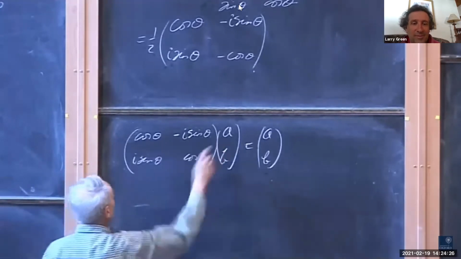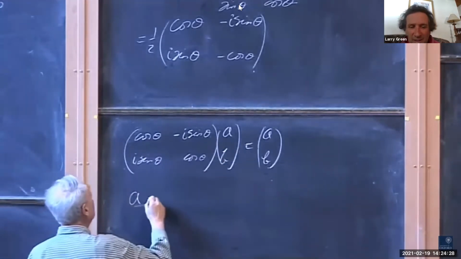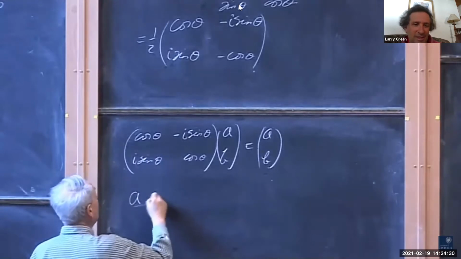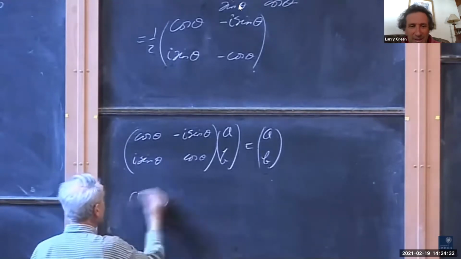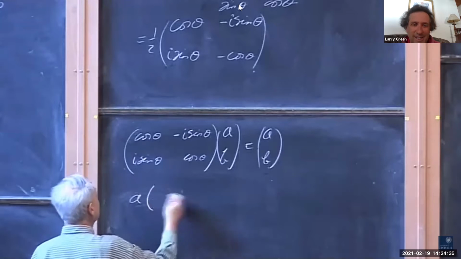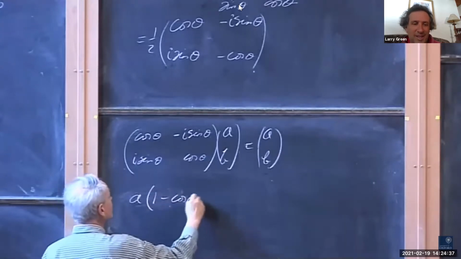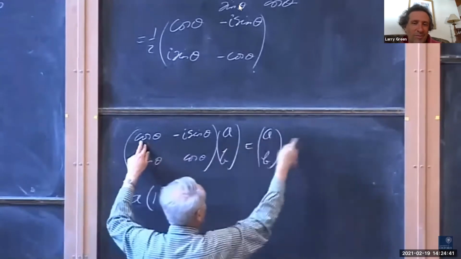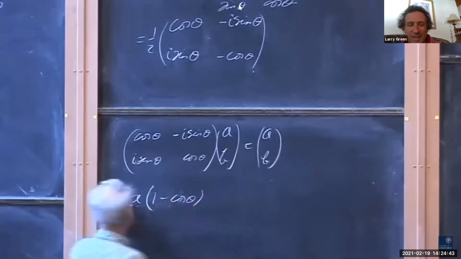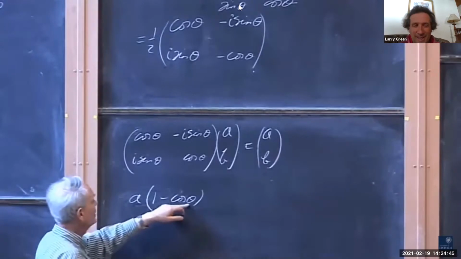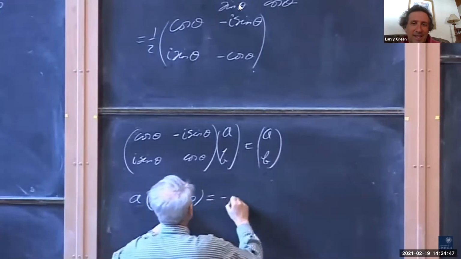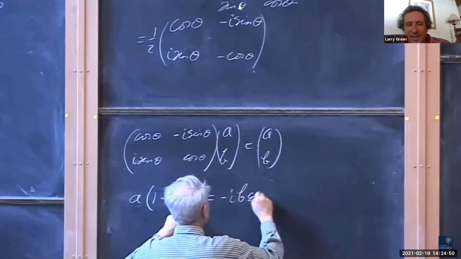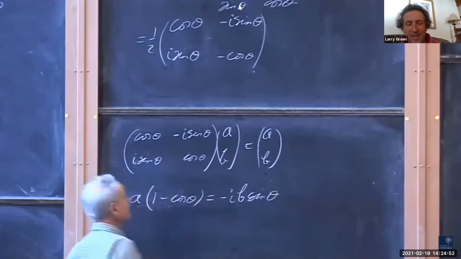So we merely need to look at the top equation, and it says that a cos theta minus a equals minus i b sine theta, that is, a times (1 minus cos theta) equals minus i b sine theta.